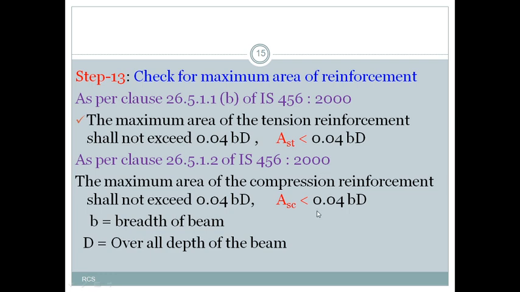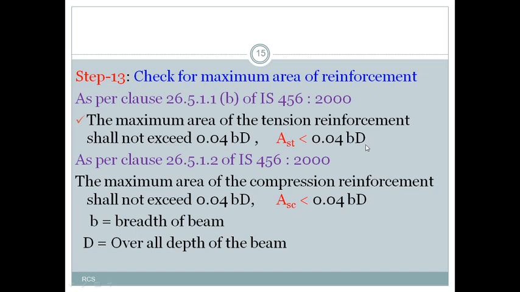In a doubly reinforced beam, the total area of reinforcement should not be greater than: option A, 4% of BD; option B, 8% of BD; option C, 16% of BD, and so on. Most of the students will tick 4% of BD.